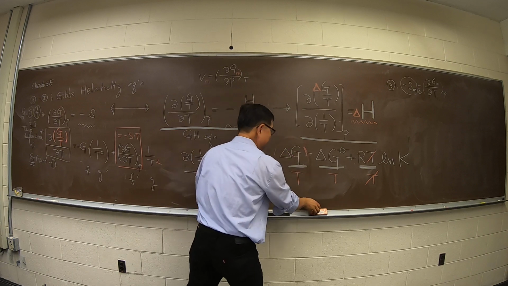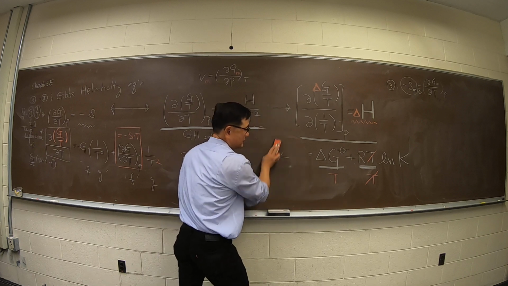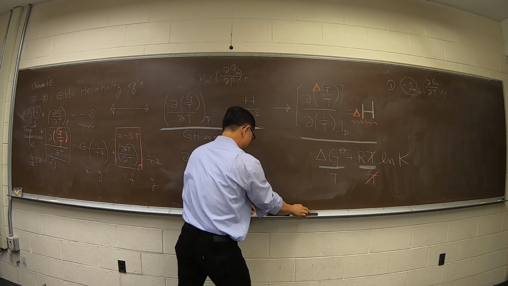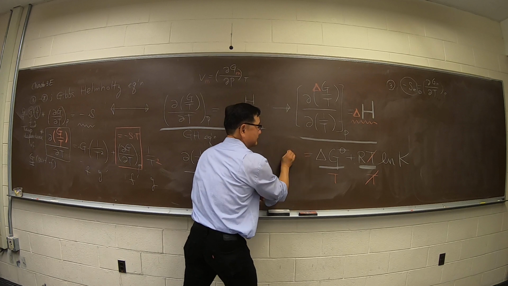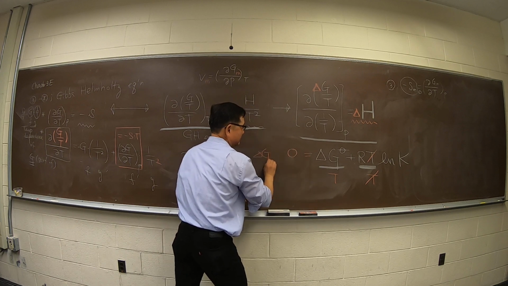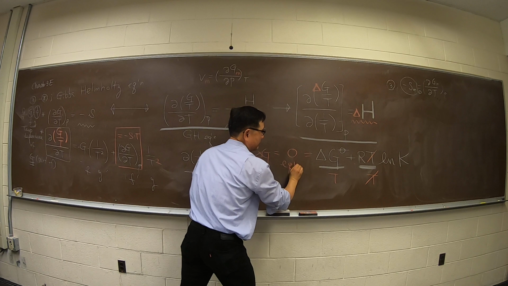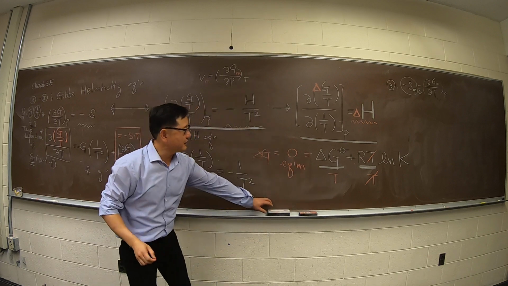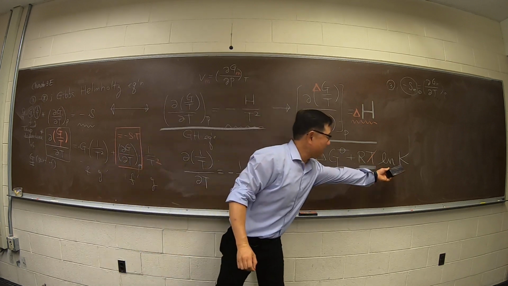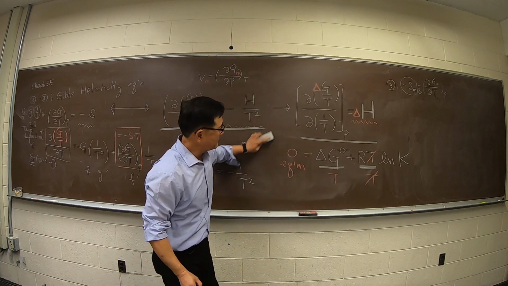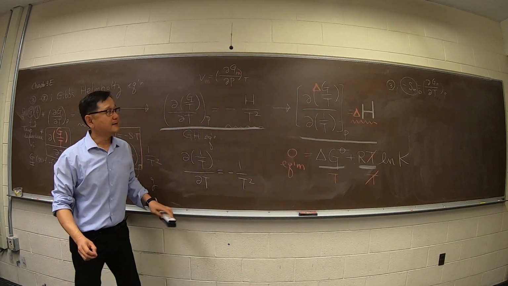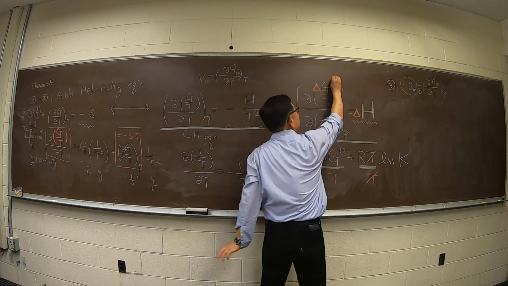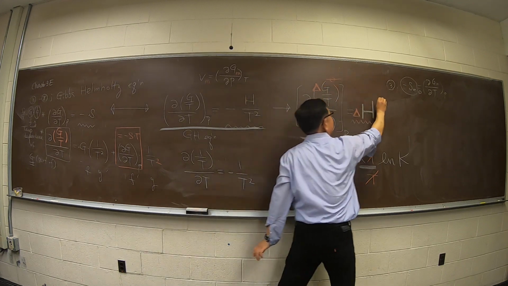So under equilibrium conditions, this is 0, right? Under equilibrium, delta G is 0. That's equilibrium. If I want to write a K, then it has to be 0. So I'm going to put this one down this way.